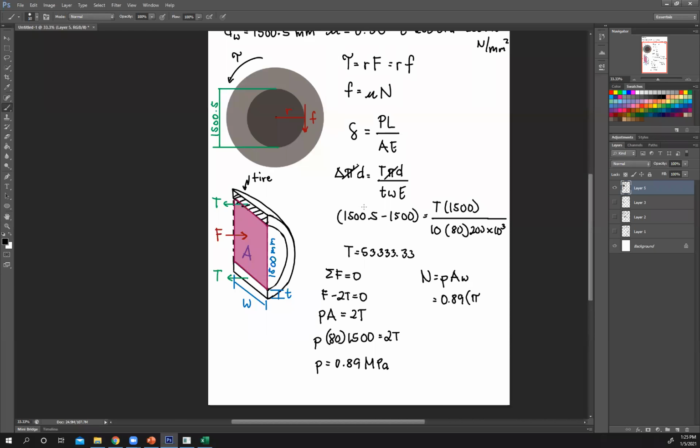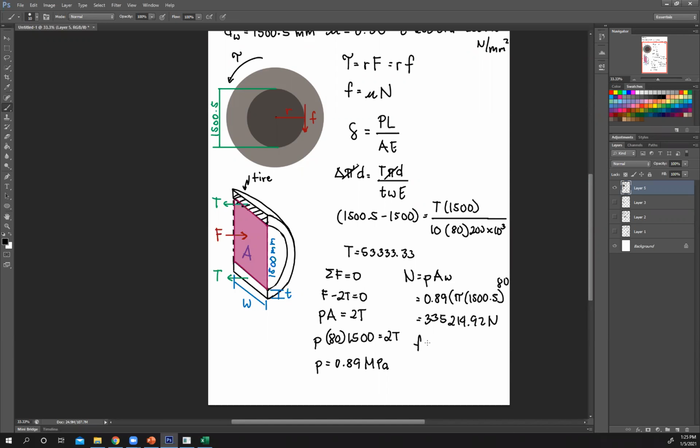So pi times d, again, this is for the wheel. So 1,500.5 times 80. And you get 335,214.92. That's Newton, since this is just normal force.